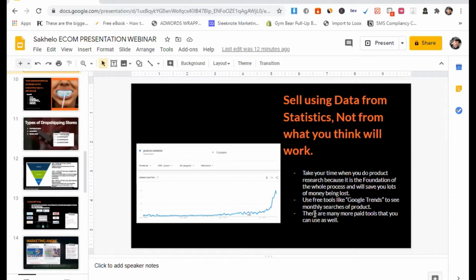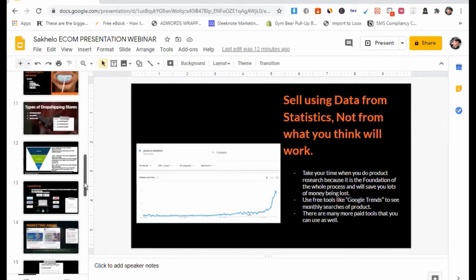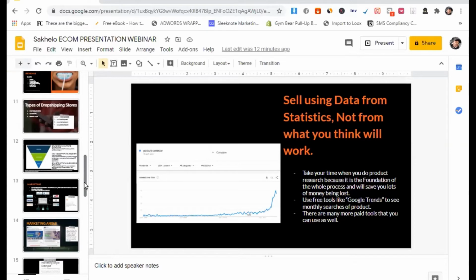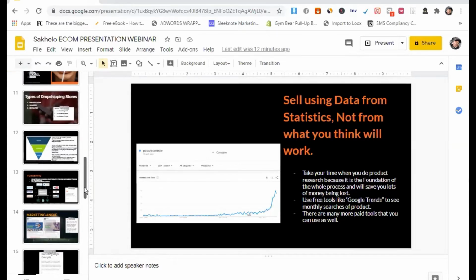Please just use Google Trends. You can just search Google Trends on Google, and then you can type in whatever product that you want to sell, and then you can see the average monthly searches for that product.